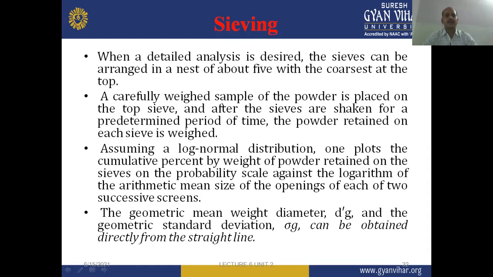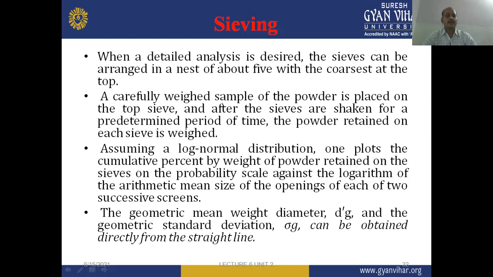So when a detailed analysis is desired, the sieves can be arranged in a nest of about 5 with the coarsest at the top. A carefully weighed sample of the powder is placed on the top sieve, and after the sieves are shaken for a predetermined period of time, the powder retained on each sieve is weighed.